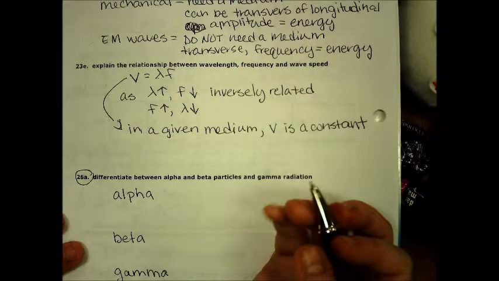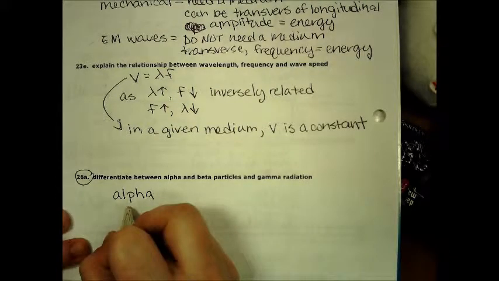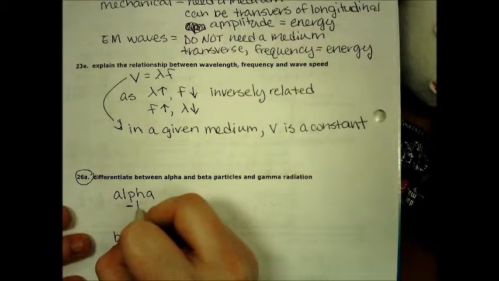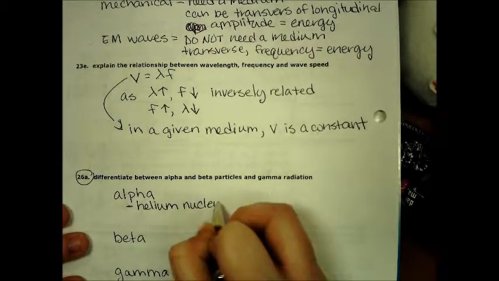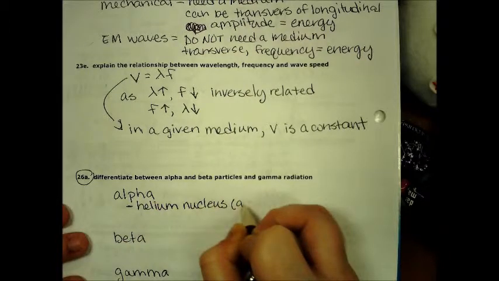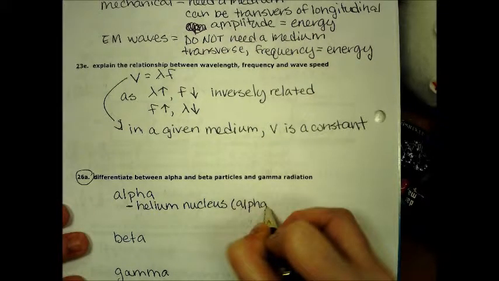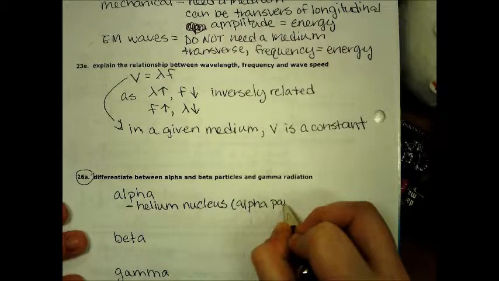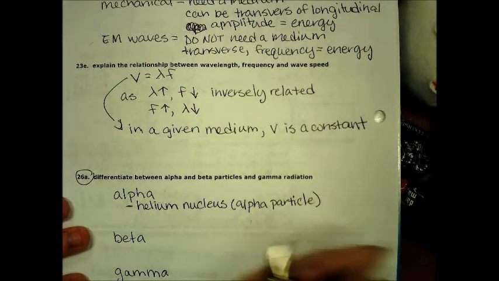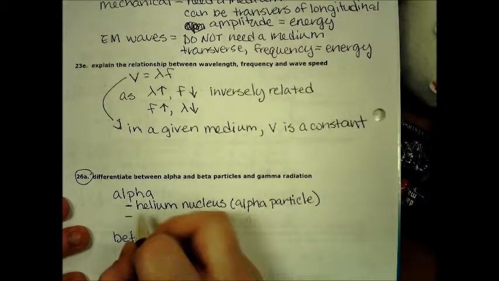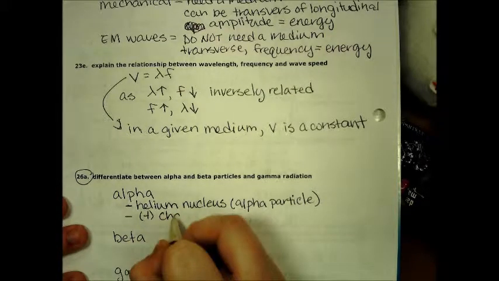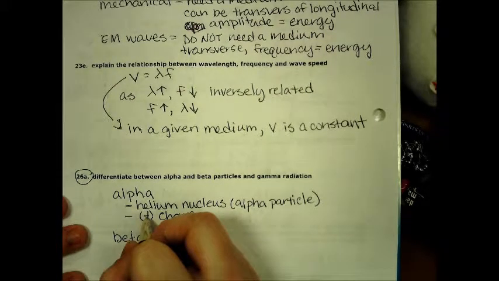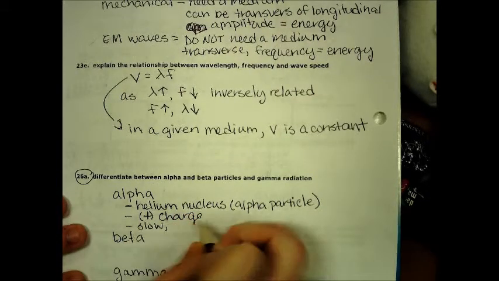Some key points from each. An alpha decay releases a helium nucleus, which we call an alpha particle. Which means that it has a positive charge and they're pretty slow.